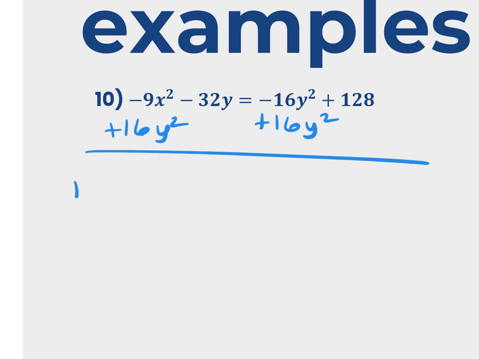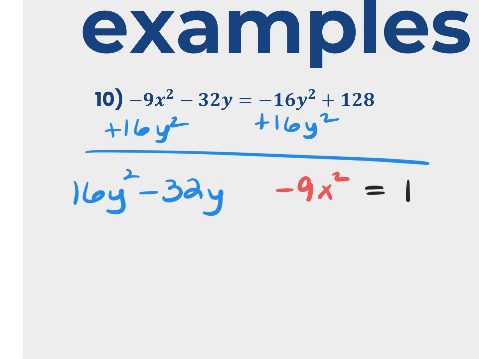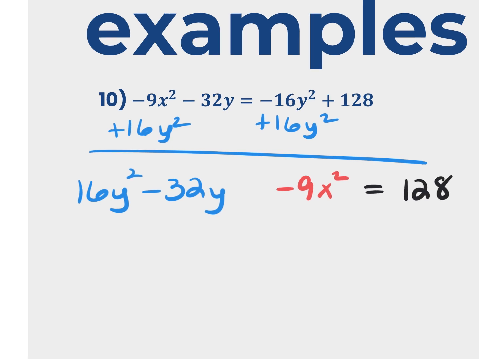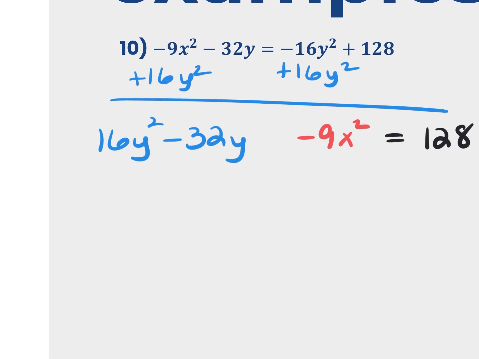So here I'll put 16y squared minus 32y, leave a blank space, move the x over a little, and then set it equal to that constant. So we need to do the blue.